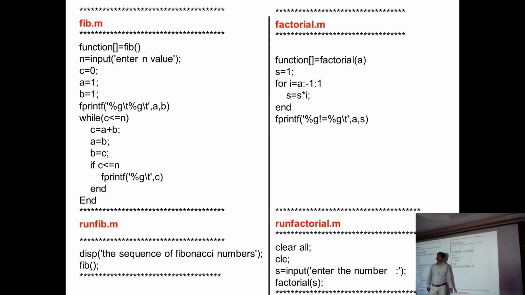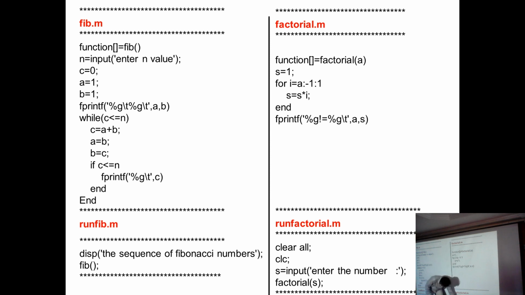Why am I reading n? Because I want the factorial of some 10 or 15 or 20. Let's say for example I want the factorial of 30. I should read 30 from the input, from the keyboard. So s is equal to input, and that value is stored in s.